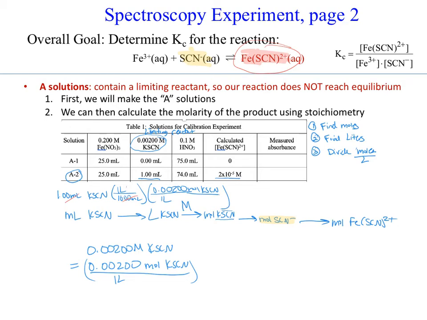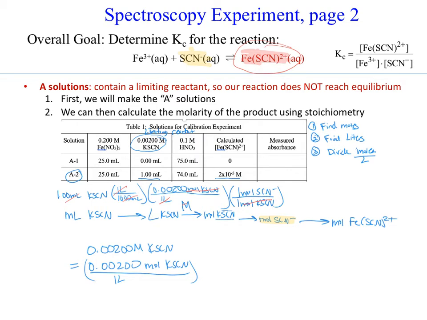And now I can see my liters cancel. And now I have moles of KSCN. So I'm being very thorough with these conversions. 1 mole of KSCN for every 1 mole of SCN minus. And I can see my moles of KSCN cancel.